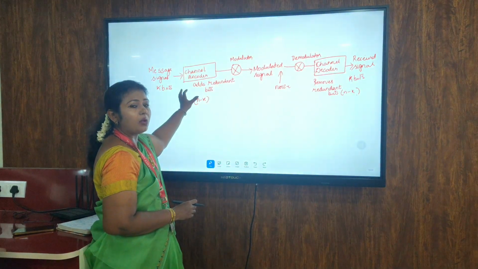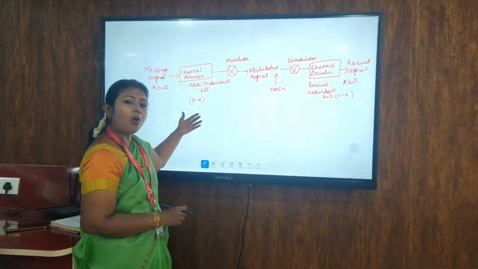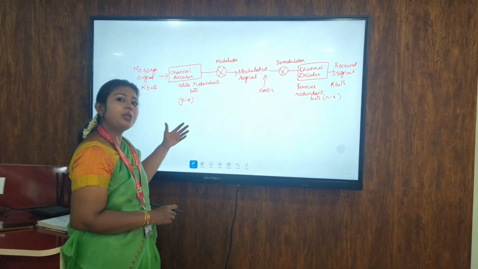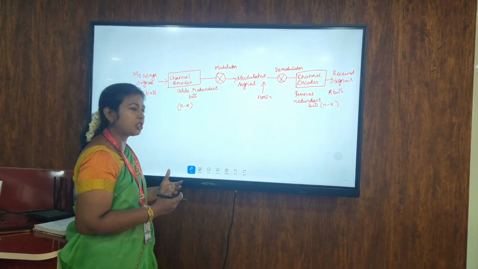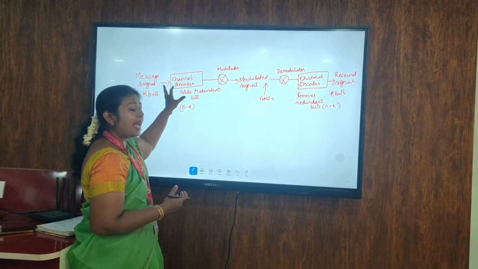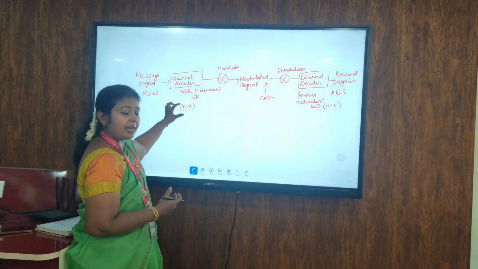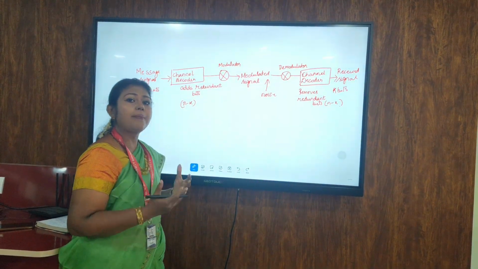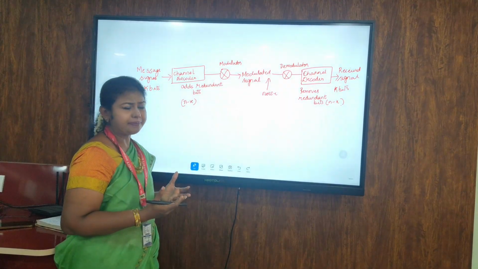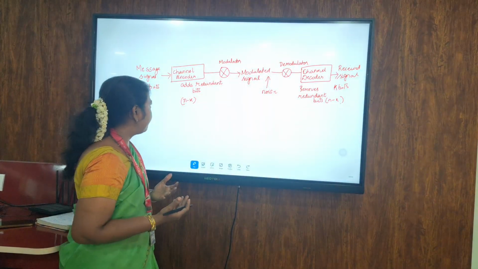As I already told, the channel encoder adds some extra bits, which we call parity bits, which will later be used by the receiver for error correction and detection. The total bits at the output of the channel encoder, let us call it n. Now, n minus k gives us the extra bits, that is how many bits were added by the channel encoder, which we call parity bits.